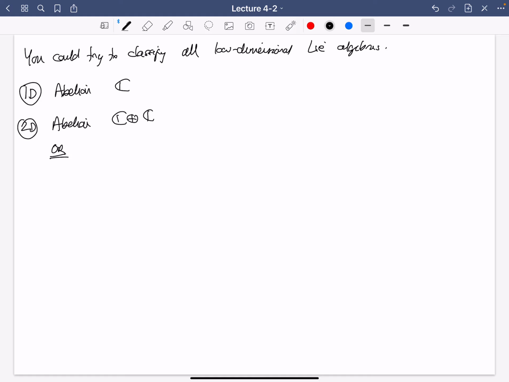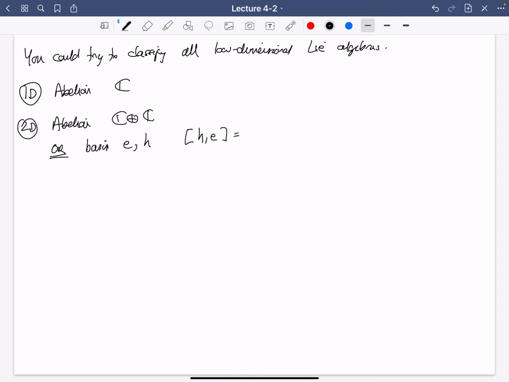If it's not abelian, let's pick a basis. Let's call the basis E and H for reasons that will become clear in a second. And then let's write down the bracket of H and E. So that's going to be some linear combination of the basis.